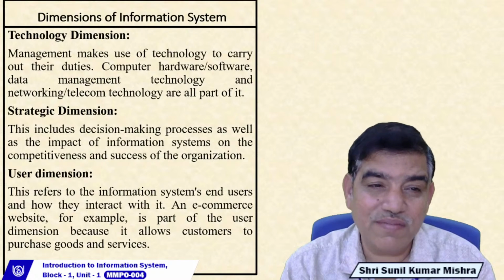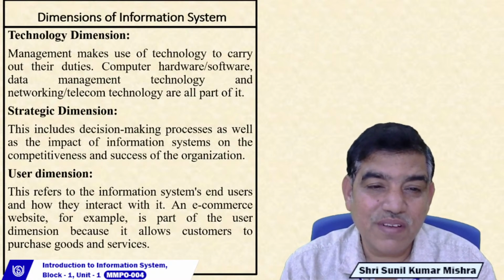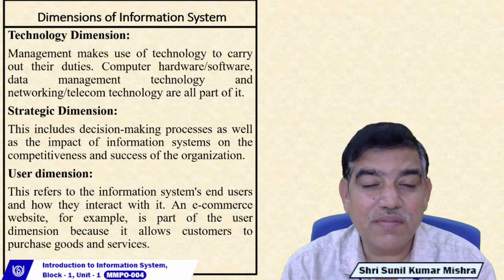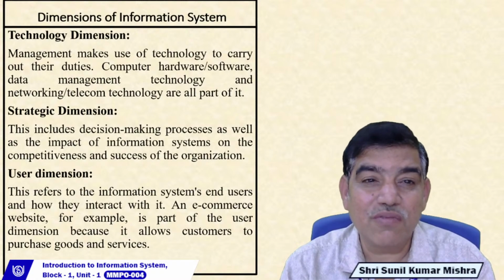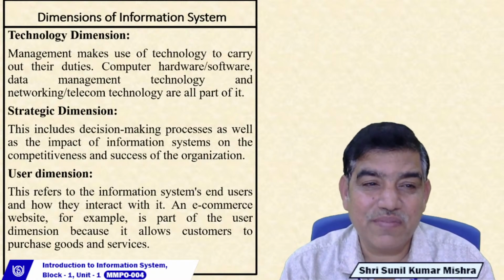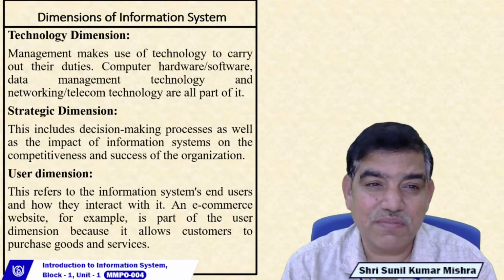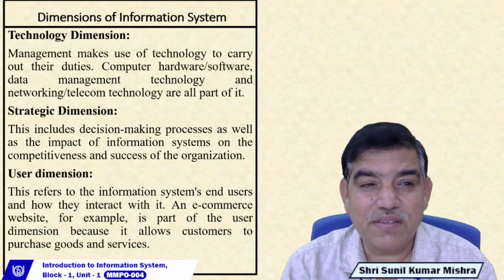Suppose we plan to implement a computerized system in our organization, then we have to plan as per the management view and organizational view what type of technologies we implement to develop a better, quality information system to manage all the departments.